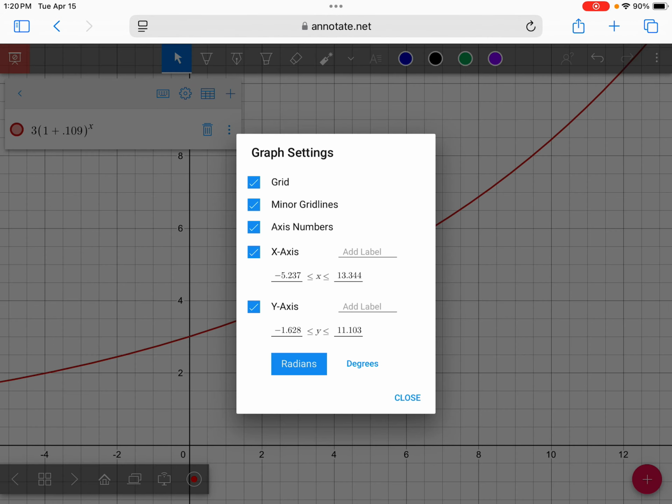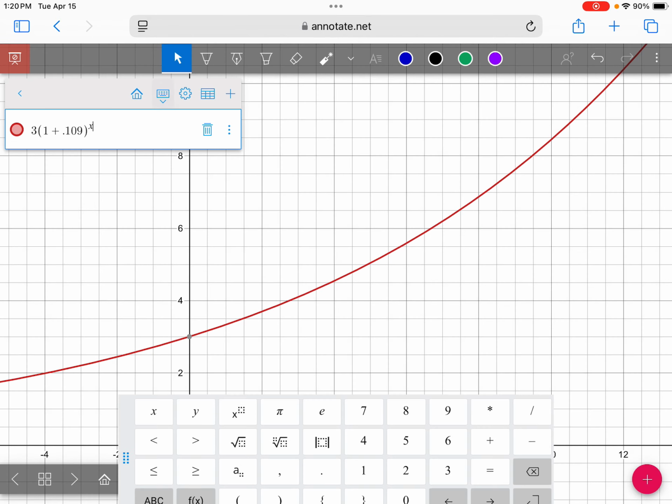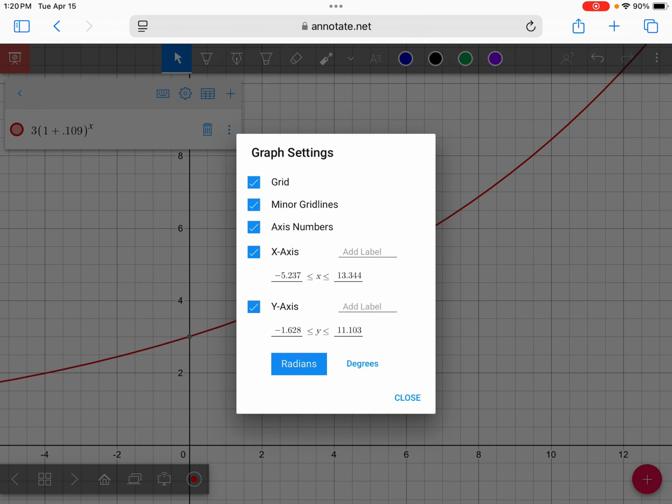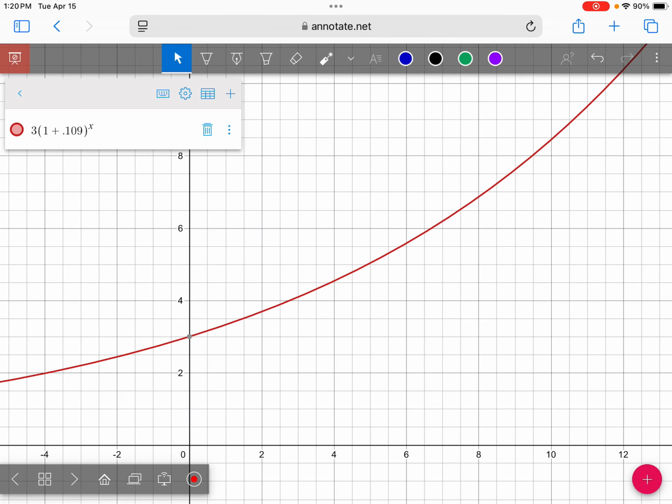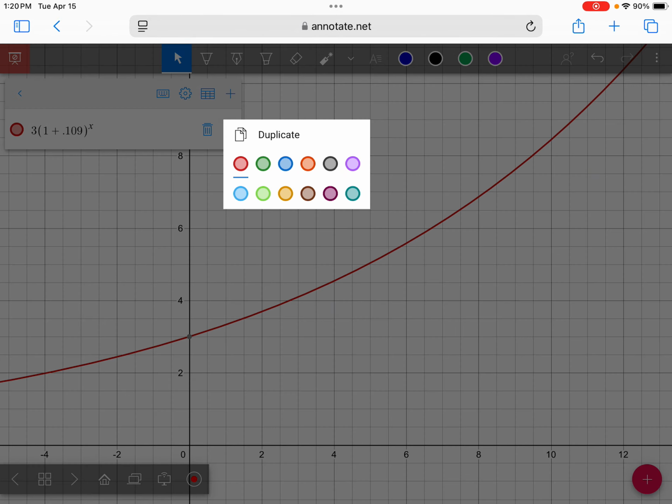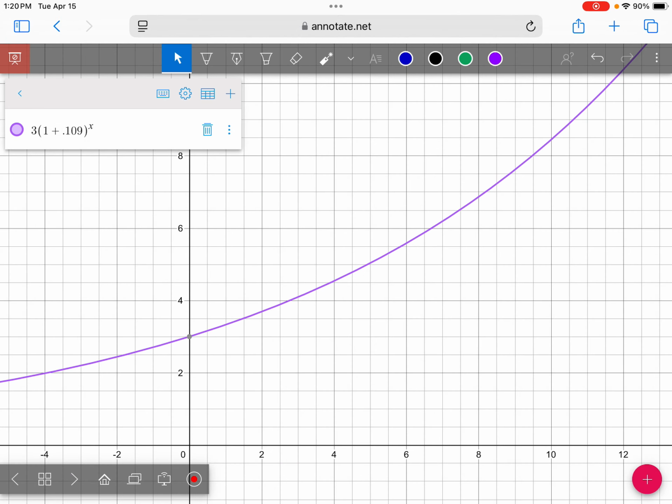Settings. Oh, I can change my color. But I can't make the lines thicker.